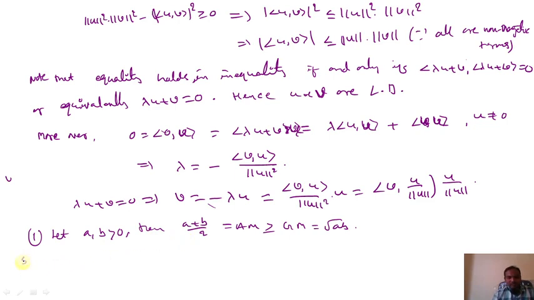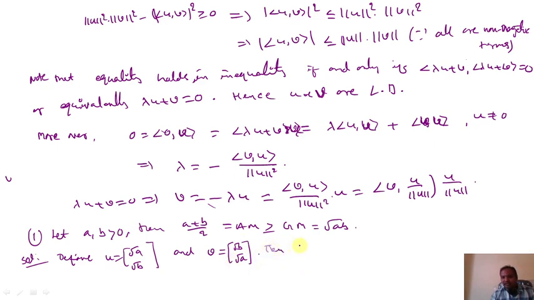Now how to prove? Solution. Define u = (√a, √b) and v = (√b, √a). Then what is the inner product of u, v?